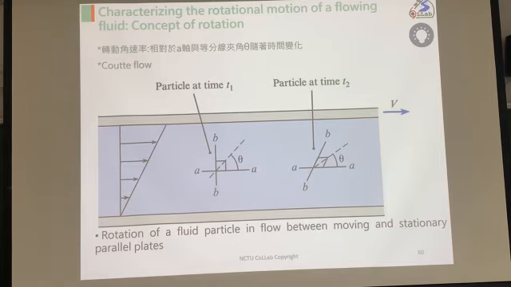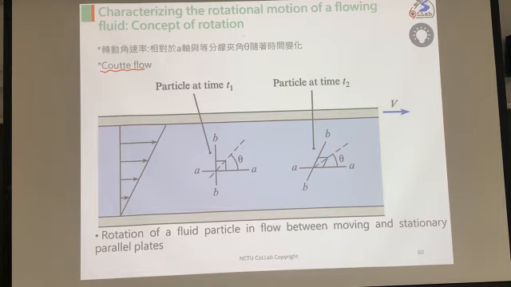We need some equation to identify whether the flow condition is rotational or not. Before that, we need to define what rotation is and how large it is for the rotational flow. So for this idea, you see, this is a Couette flow.